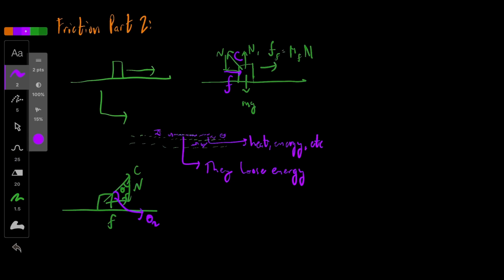So this vertical angle becomes theta, but our friction is mu n. So if we draw a right triangle over here with theta, n, and the coefficient of friction times n, with our contact force as the hypotenuse, by the Pythagorean theorem, we get the contact force is equal to n times the square root of the coefficient of friction squared plus 1.